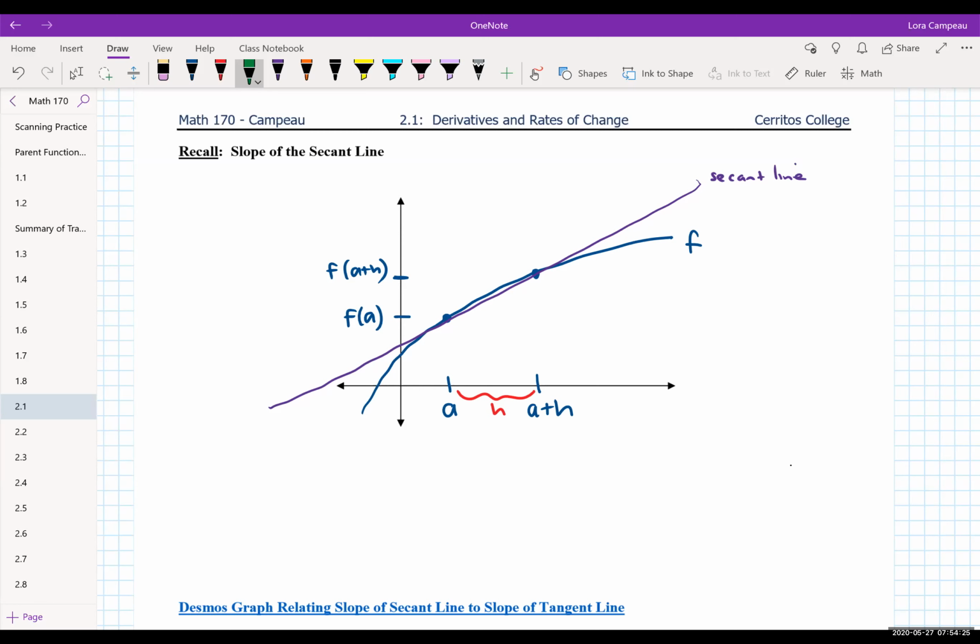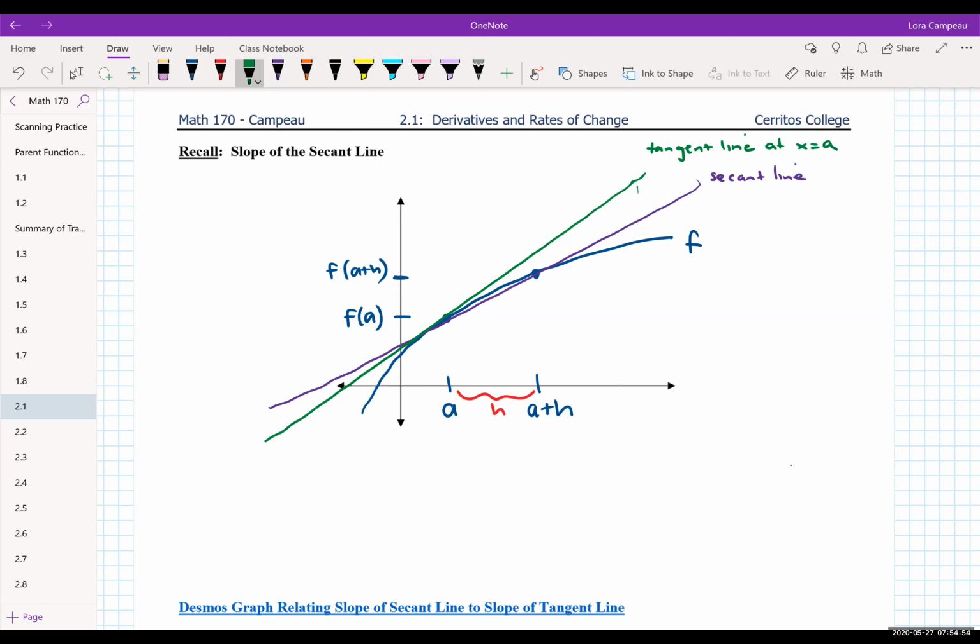And then I'll have a much better representation in a few seconds or so. But that green line is the tangent line at the point x equals a. And remember, tangent lines only cross through the function at one place.